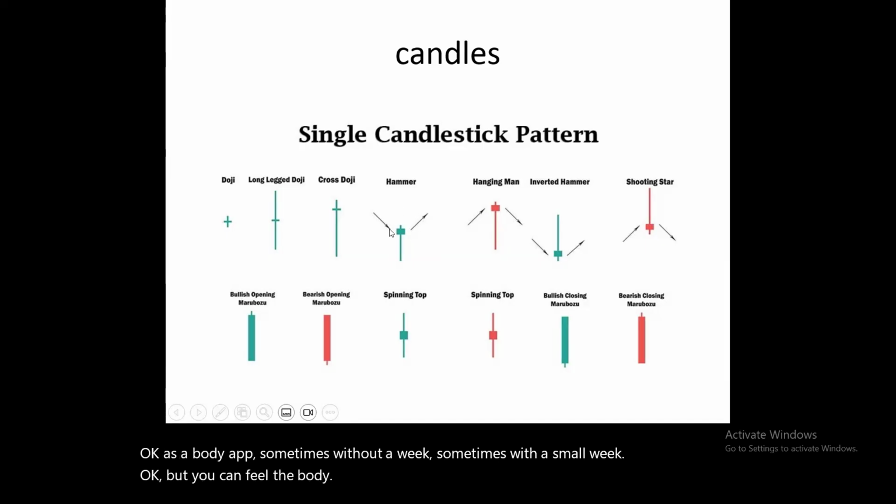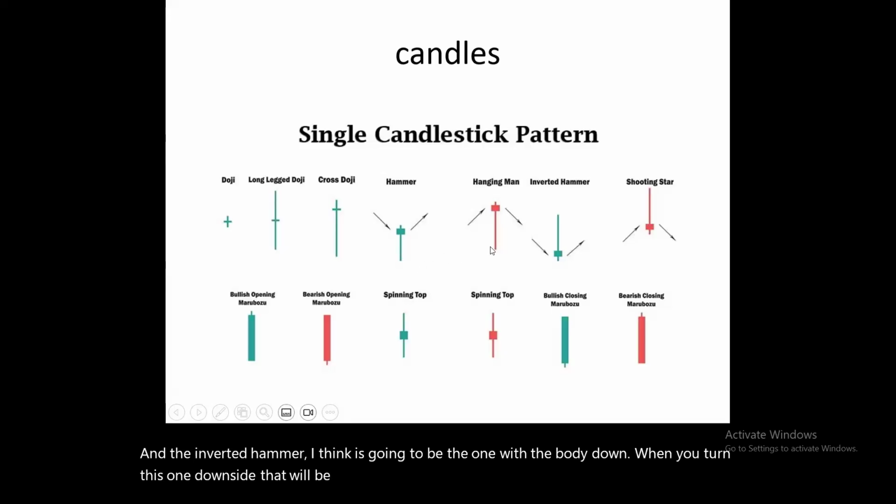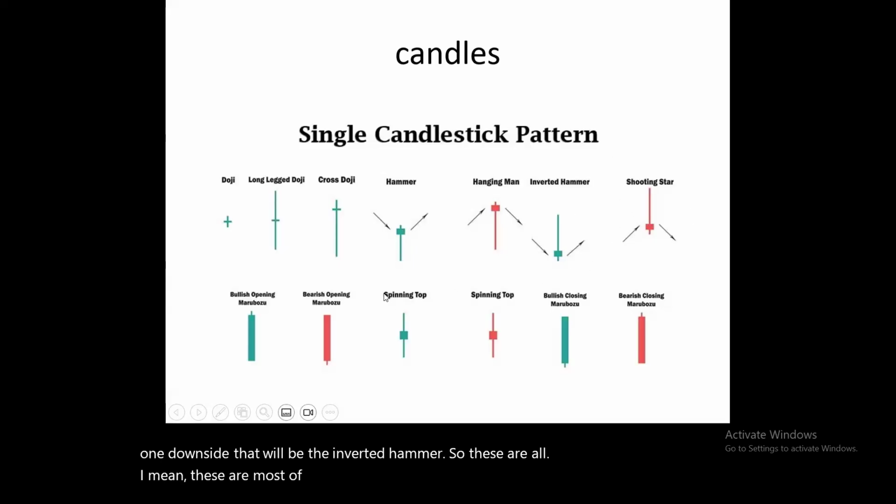And the inverted hammer, I think, is the one with the body down. When you turn this one downside, that will be the inverted hammer. So these are most of the candlesticks that we can see on the chart.